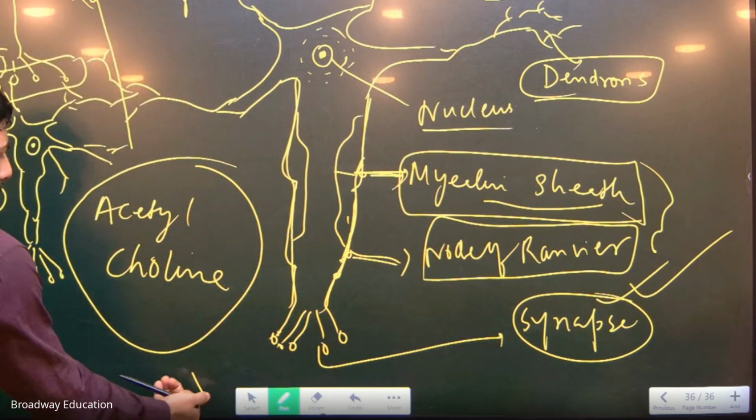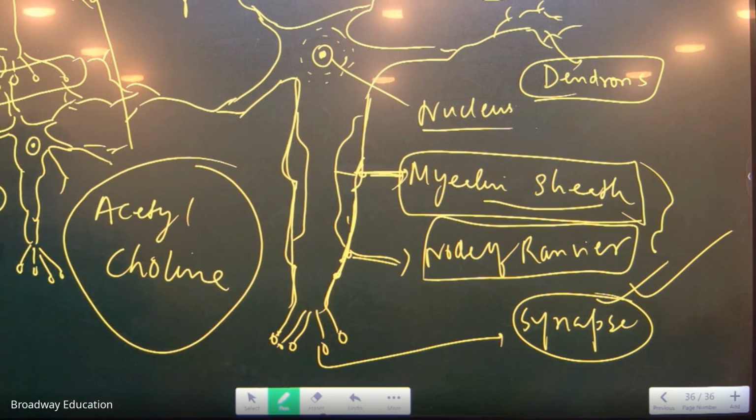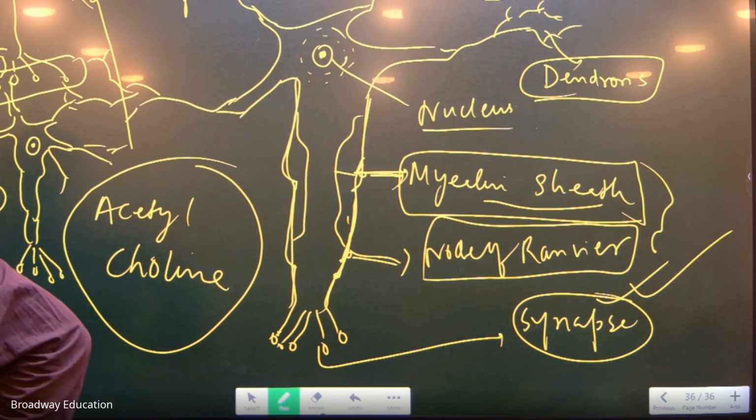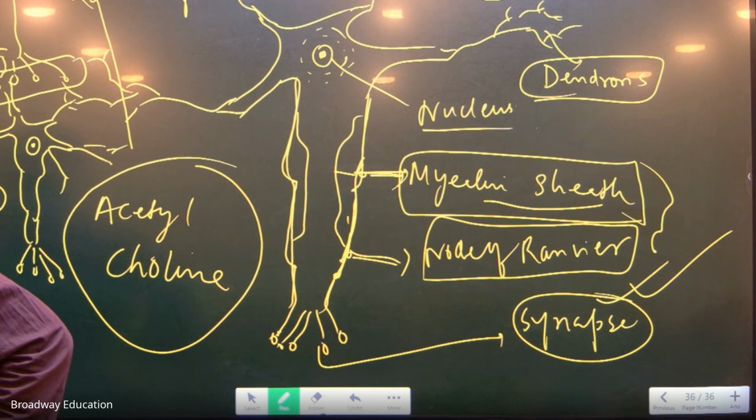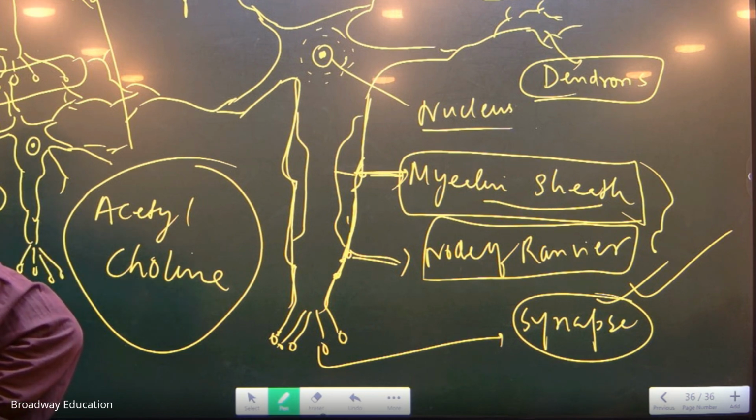Please write it down here. The informations are transferred in the form of electric signals from one neuron to another neuron.